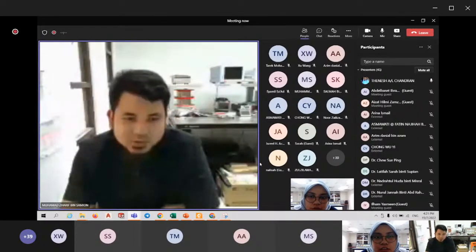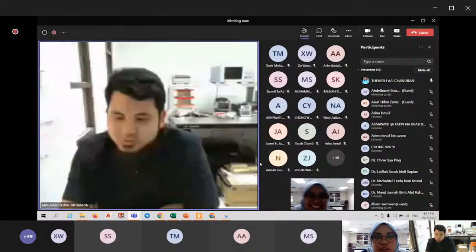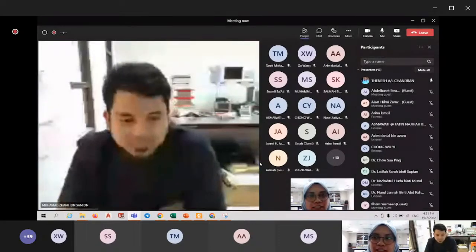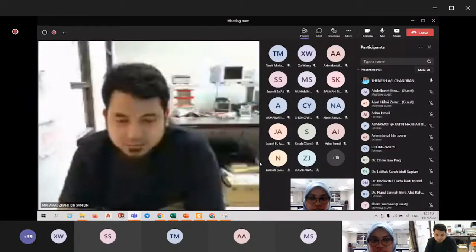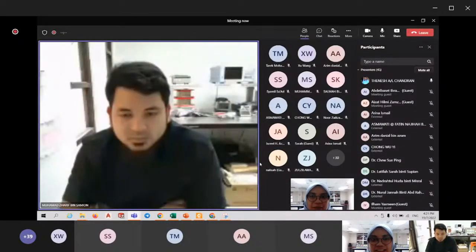The splicer always shows 0 dB, but in the actual case the loss would be different. There should be losses, and they can be measured. Maybe in the next session I will look into that.